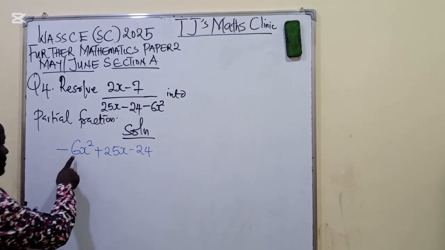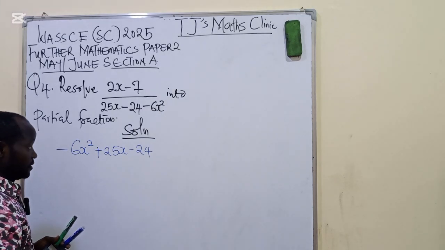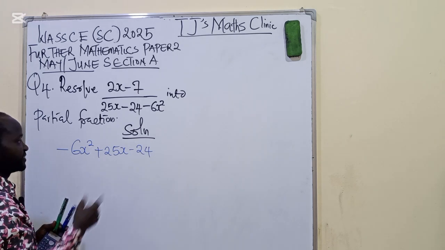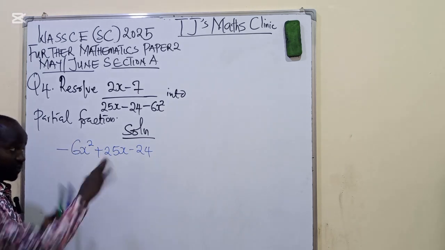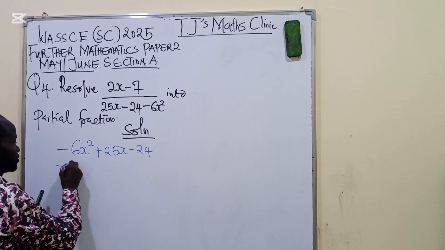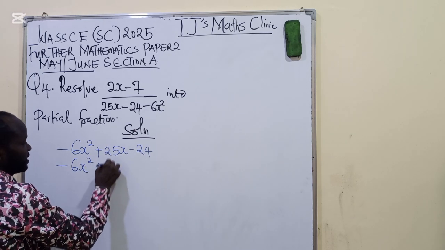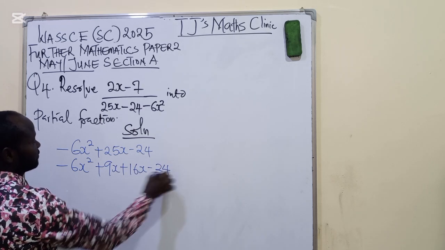We multiply minus 6 by minus 24, that will be 144. Two factors of 144 that can give us 25 are 16 and 9. We replace the middle term by those two factors. This will now be minus 6x squared plus 9x plus 16x minus 24.